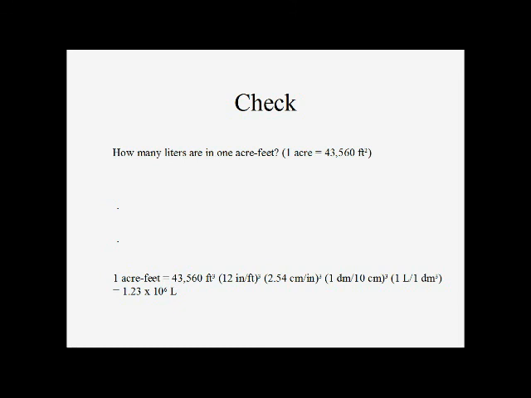Well, we have 12 inches in 1 foot, but we have cubic feet. So we have to cube that whole conversion there. So it would be 12 inches cubed over 1 foot cubed. So we have to watch the exponents on this also. And after we do this, we find out there's 1.23 times 10 to the 6 liters. So 1.23 million liters in 1 acre foot.